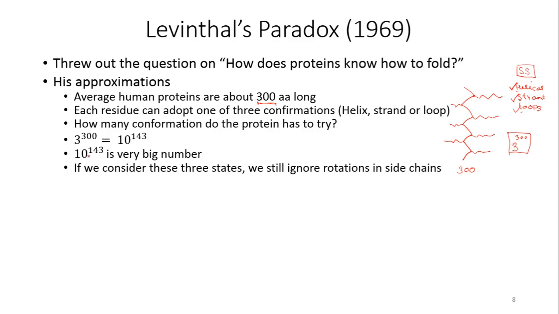If you simplify this 3 raised to 300, you end up with a number like 10 raised to 143. So if the protein is 300 amino acid residues long, and it wants to try out all three structural states for each and every residue, it would have to try out 10 raised to power 143 combinations.